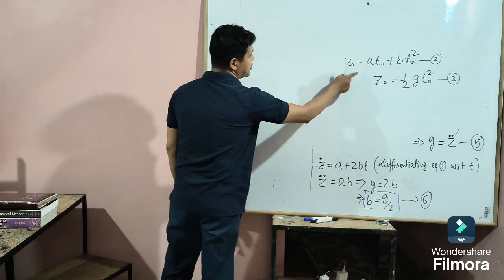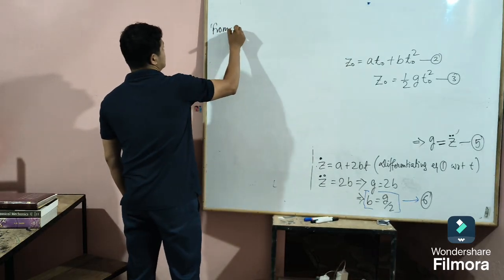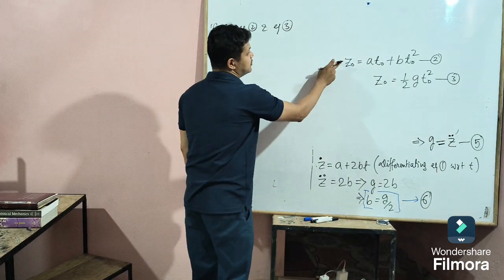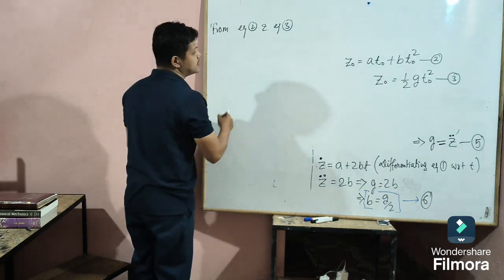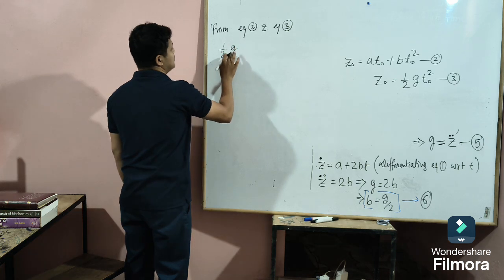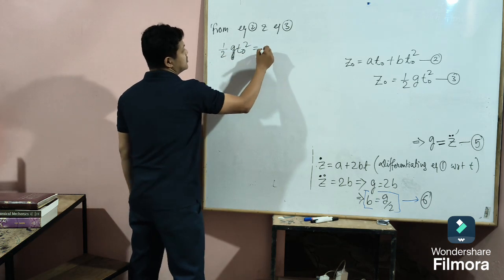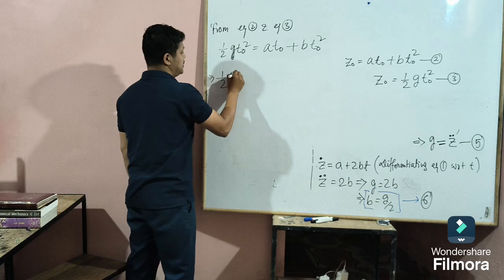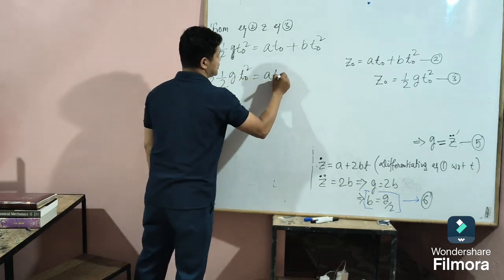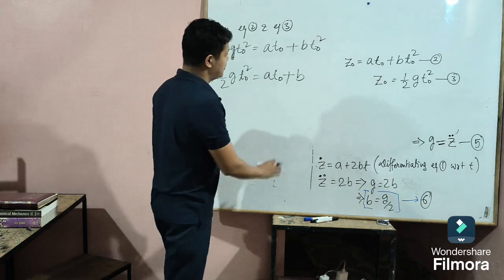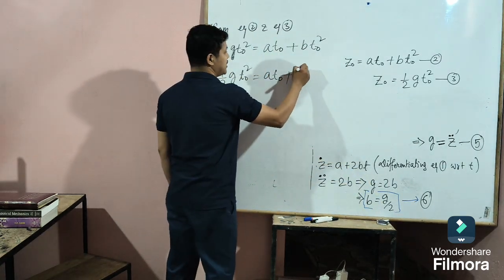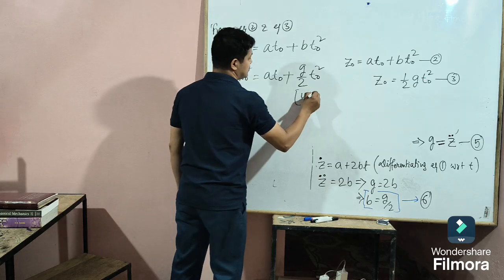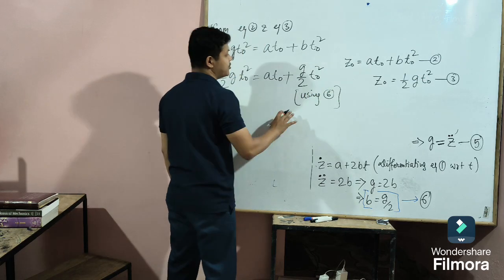Now you see, from equation number 2 and equation number 3, we can replace this z naught by this value of z naught, then we're going to have half z t naught squared is equal to a t naught plus b t naught squared. Now this b can be replaced by g by 2, using equation number 6, or you can just write putting the value of b.